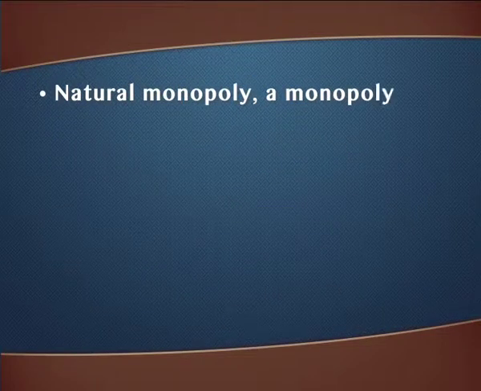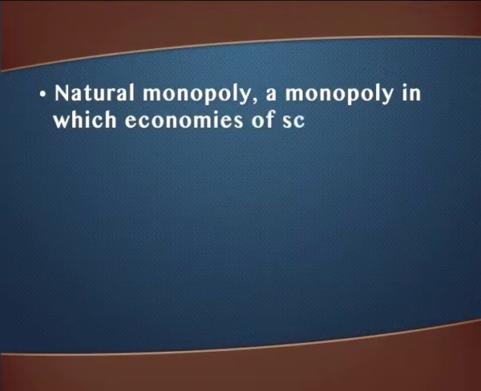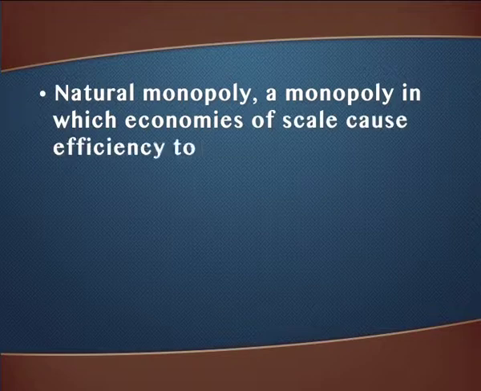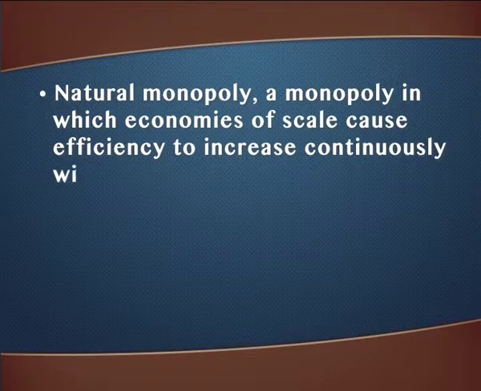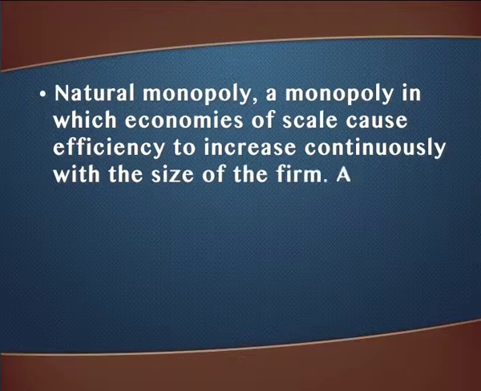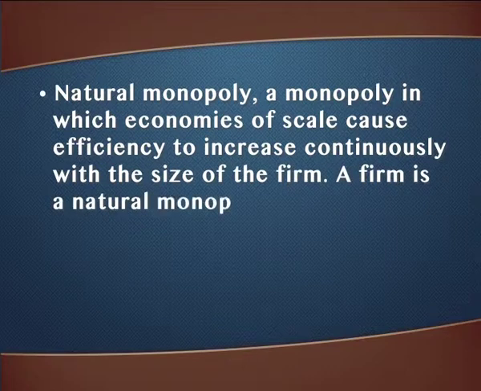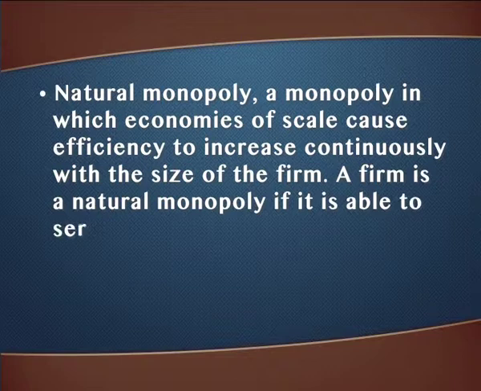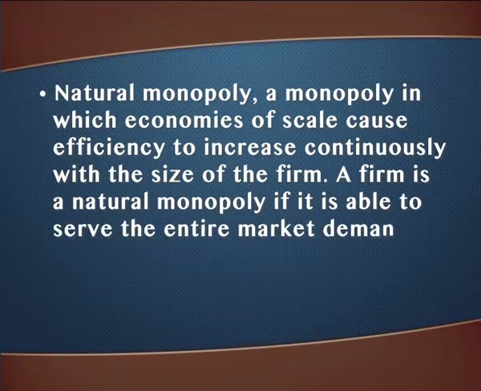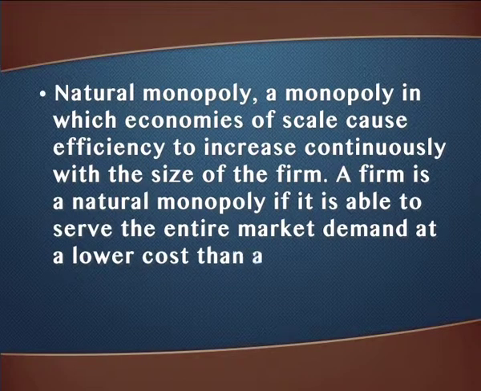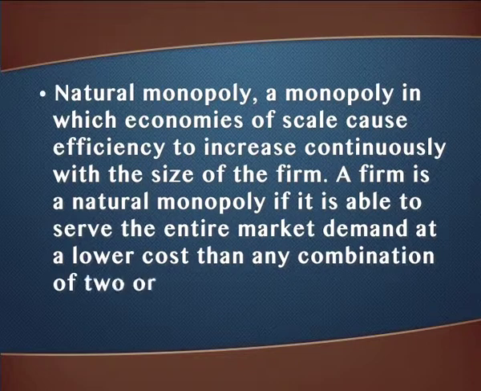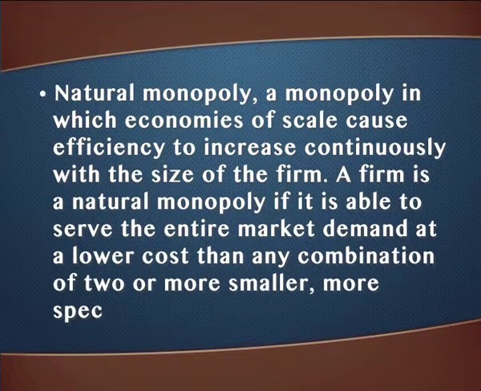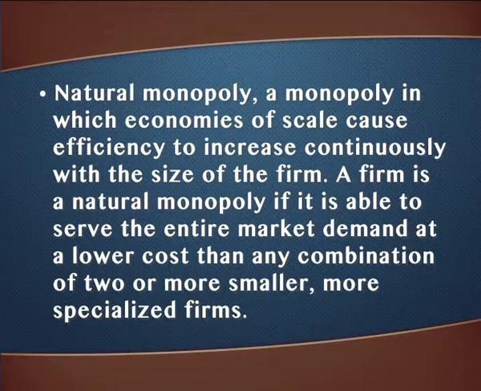Natural monopoly, a monopoly in which economies of scale cause efficiency to increase continuously with the size of the firm. A firm is a natural monopoly if it is able to serve the entire market demand at a lower cost than any combination of two or more smaller, more specialized firms.